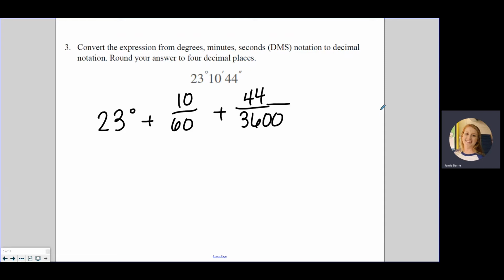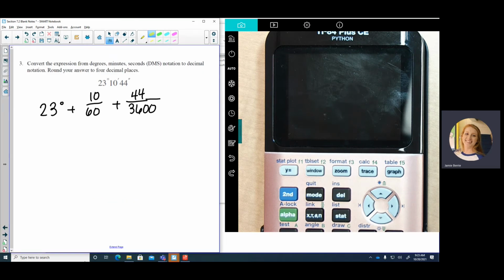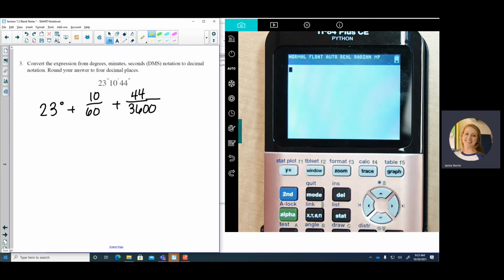All right, so let's get our calculator pulled up here on our document camera. It doesn't matter what mode you're in right now.